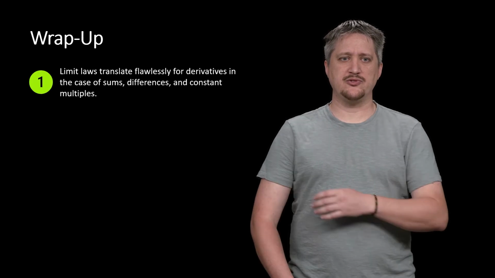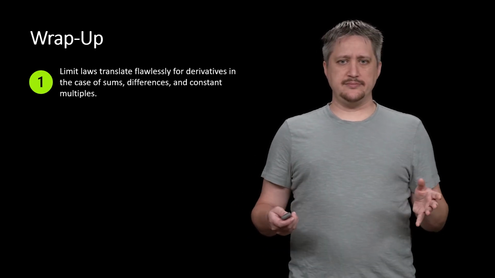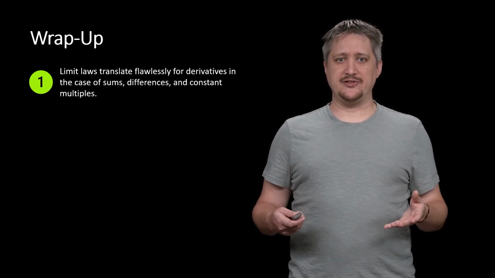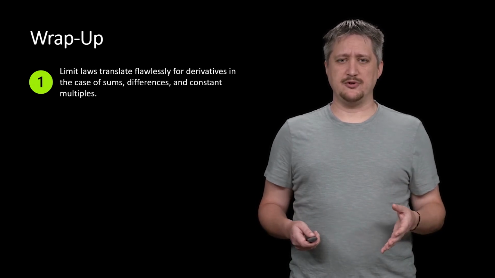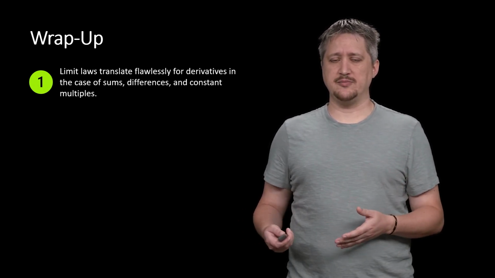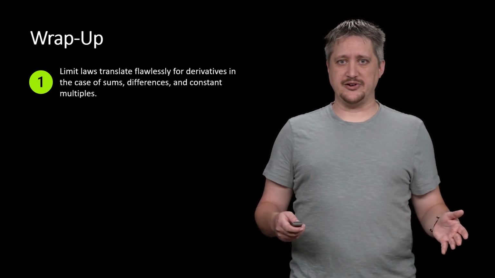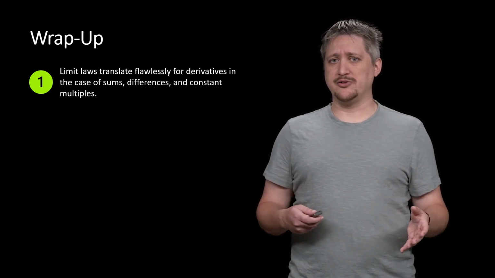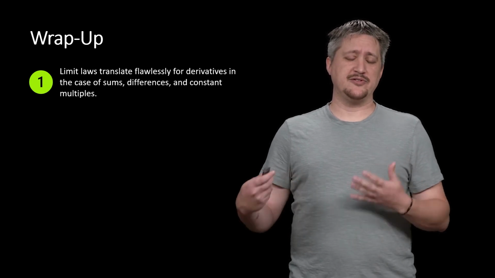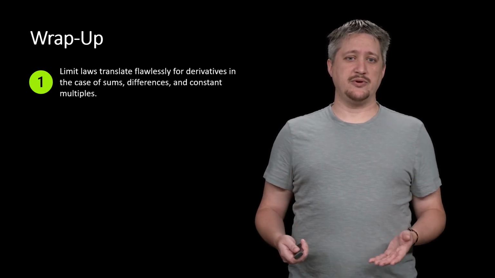Okay, so what do we do? Limit laws, in this case, translate flawlessly for derivatives. For sums, differences, and constant multiples, we saw in limits that you can split on sums and differences, and you can pull out constant multiples, and so you can do the same thing with derivatives.